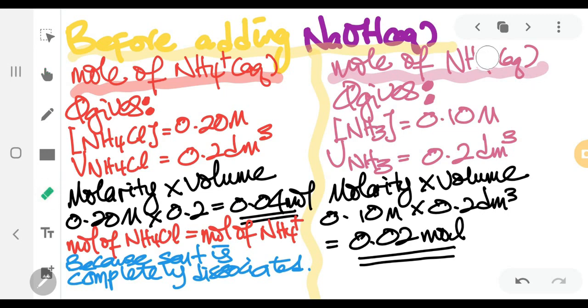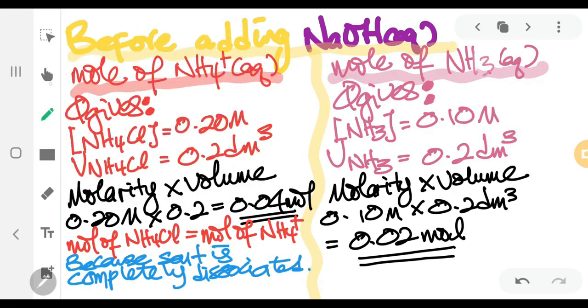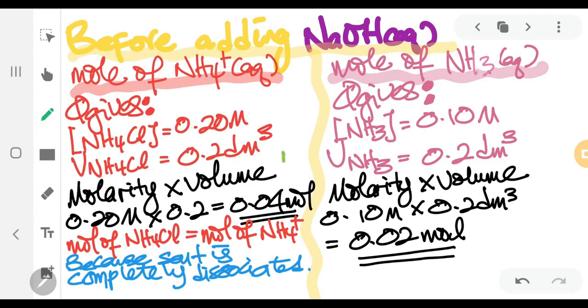The question gives the concentration of NH3, and you have the volume. Again, we use molarity times volume, and we get the number of mole of your weak base. These two numbers of moles are before we add NaOH. By doing that, you'll get 1 mark and another 1 mark.